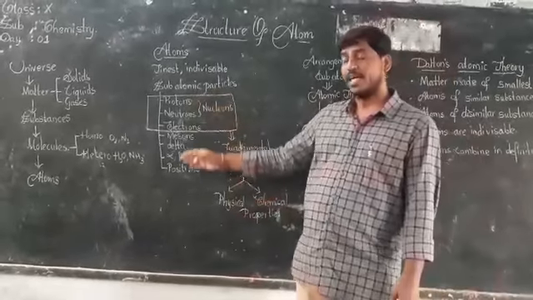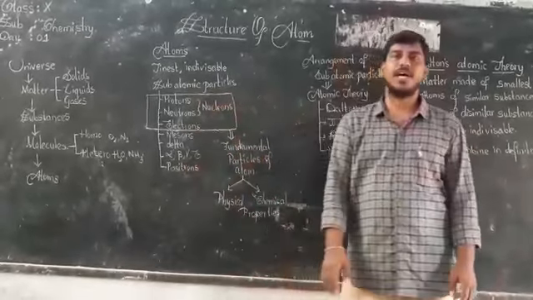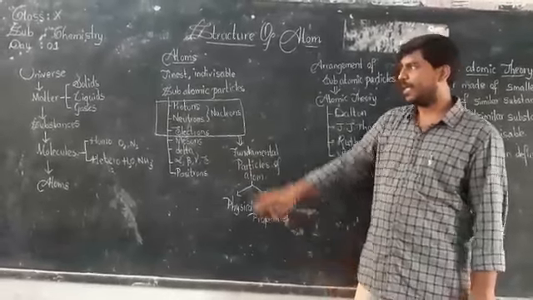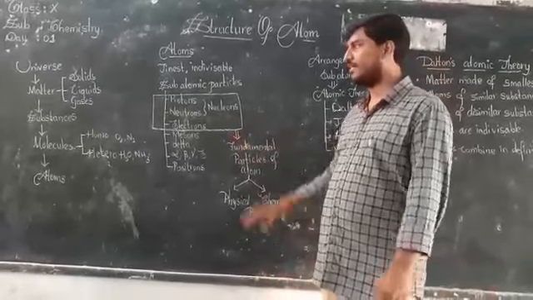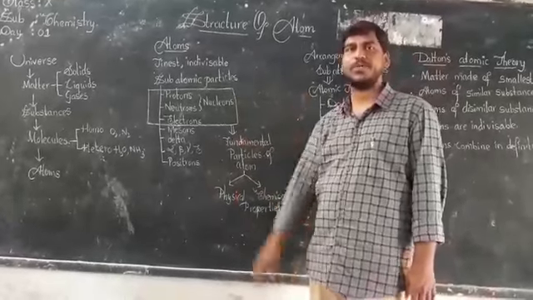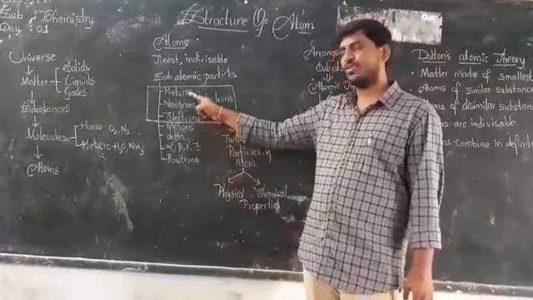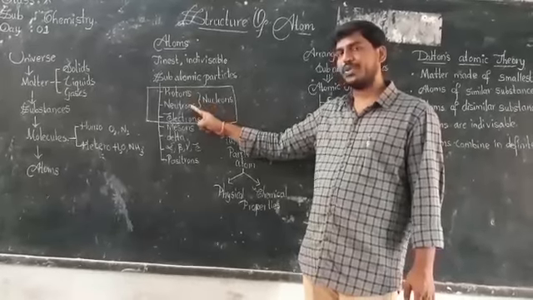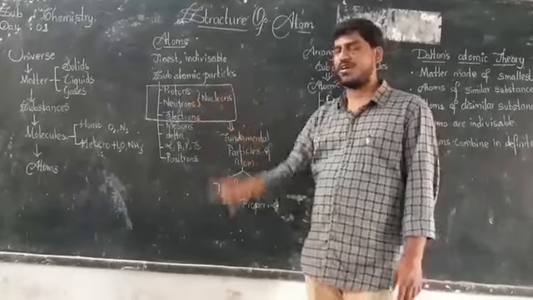All these are different types of subatomic particles. But among all these, three are very important for the atom: protons, neutrons and electrons.